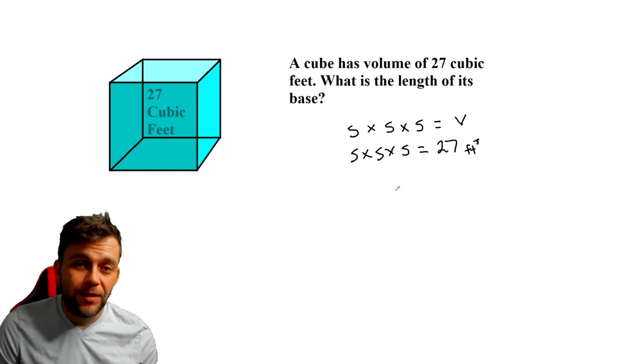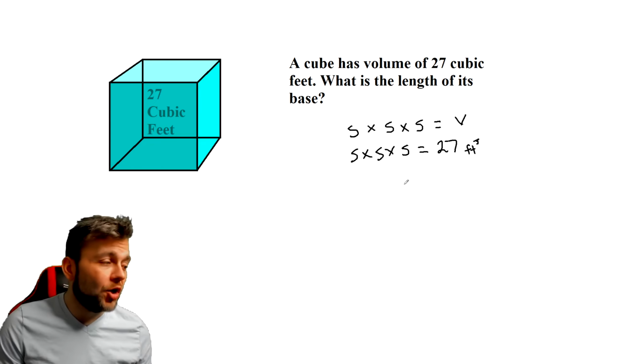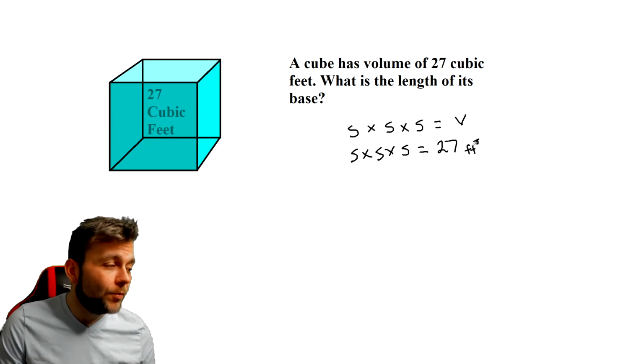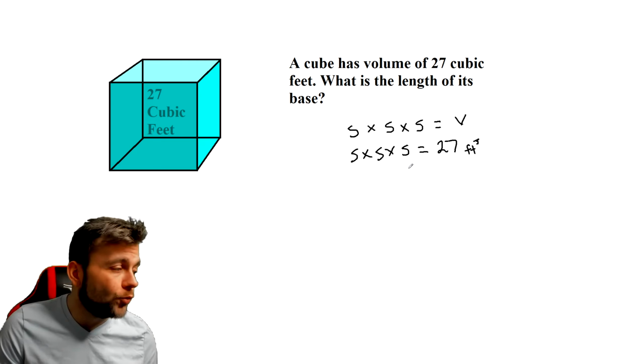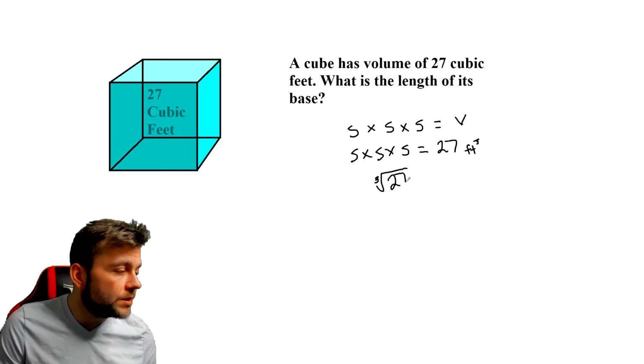It has to be the same number. Another way of doing this problem is by using your calculator and calculating the cube root. What we're really asking is, the cube root of 27 equals s.